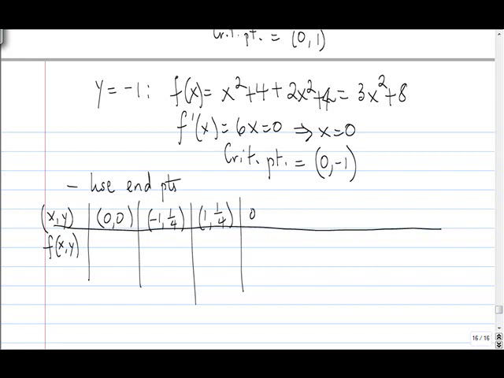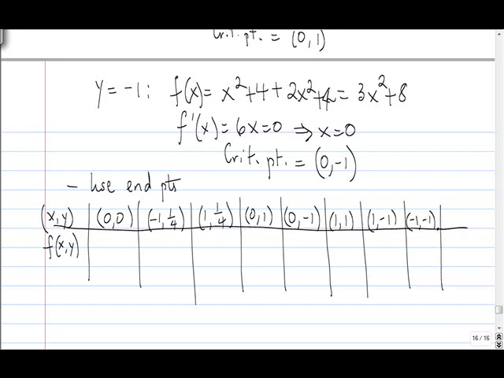Then we just got 0, 1. 0, minus 1. And we have 4 endpoints. 1, 1. 1, minus 1. Minus 1, minus 1. Minus 1, 1. Wow, how many? 1, 2, 3, 4, 5, 6, 7, 8, 9. My word. Okay.